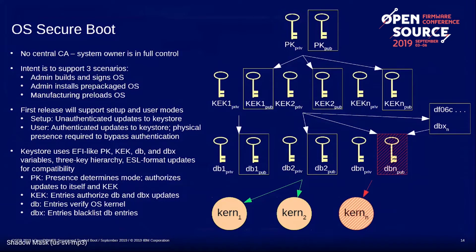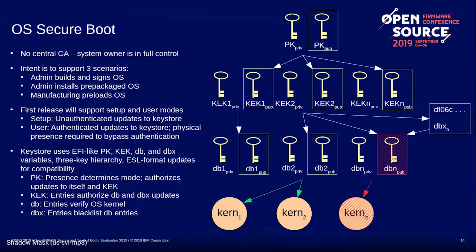We've used the same variable names, and we've also used the same EFI signature list format for tool compatibility. So the idea is that most people absolutely must generate your private keys offline and not keep them on the server where you're doing the verification. And most people will probably want to do it on a laptop. So why not reuse the same tools?